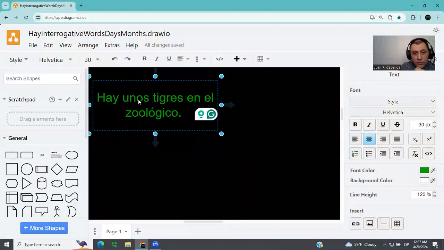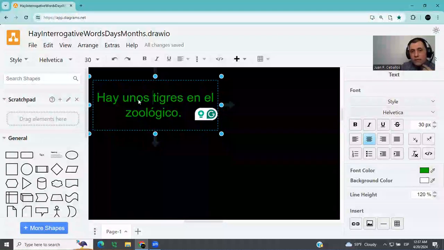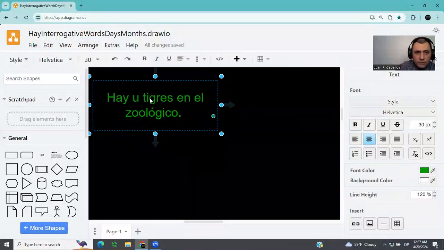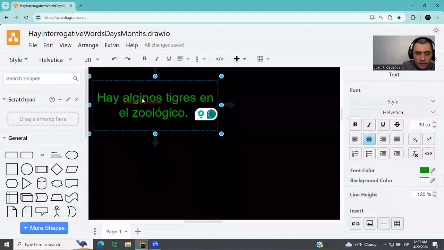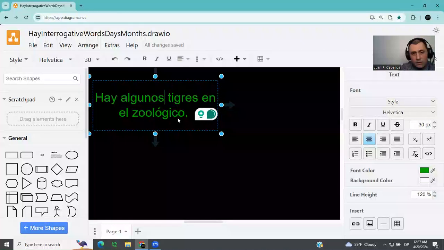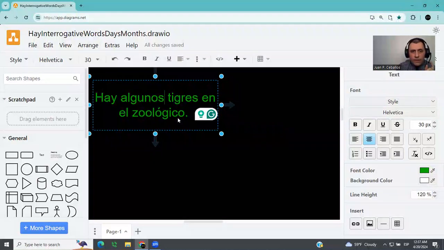You can use indefinite articles if you want to say some. Okay, that's one way. And I can also change this for algunos. Remember that articles in Spanish are feminine or masculine, and they can be singular or plural, and they need to agree with the noun they modify.